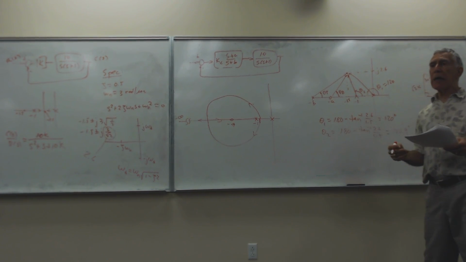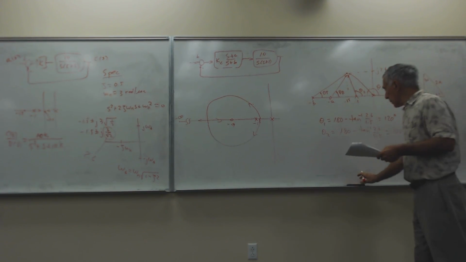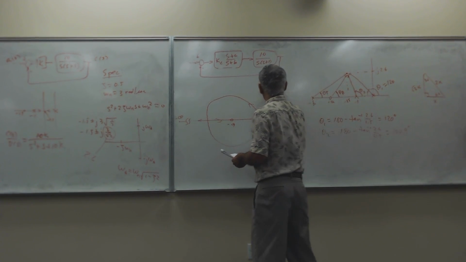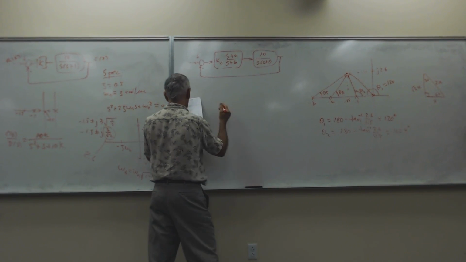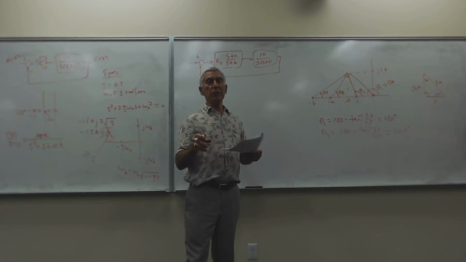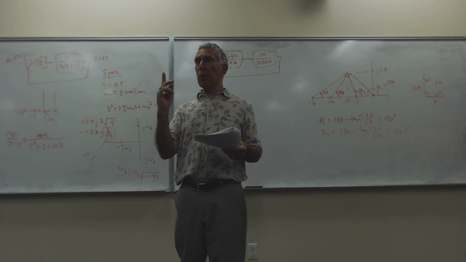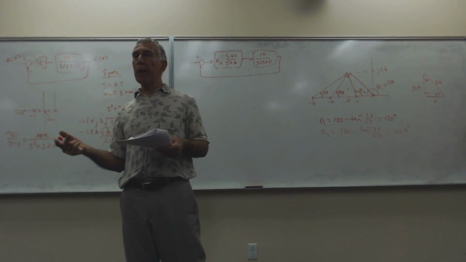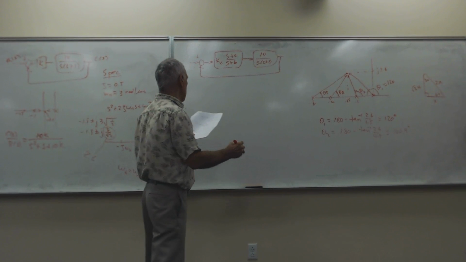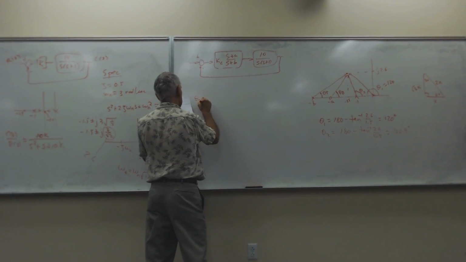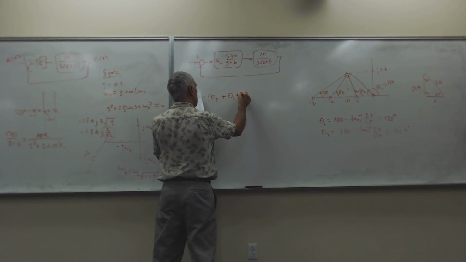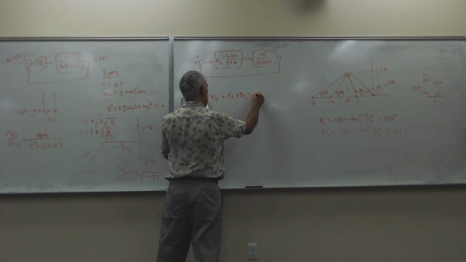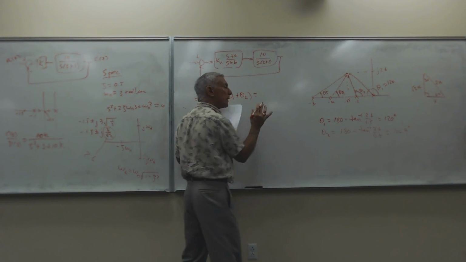So we apply the angle condition, right? Applying the angle condition, it's the sum of the zero angles, which is only one zero angle, minus the sum of the pole angles, and there are 3 pole angles. Right? So we have theta sub z minus theta p plus theta 1 plus theta 2 is equal to plus or minus 180.